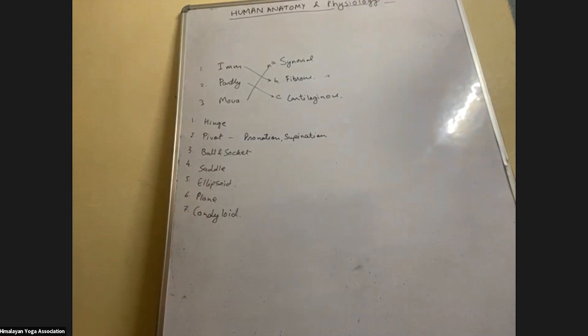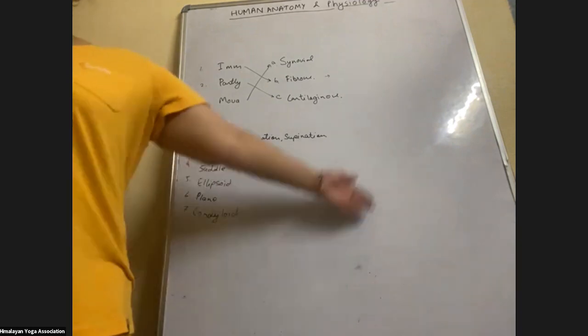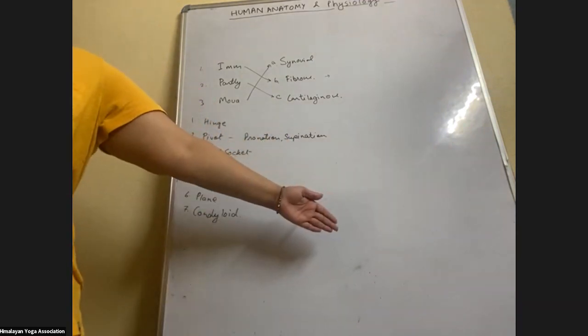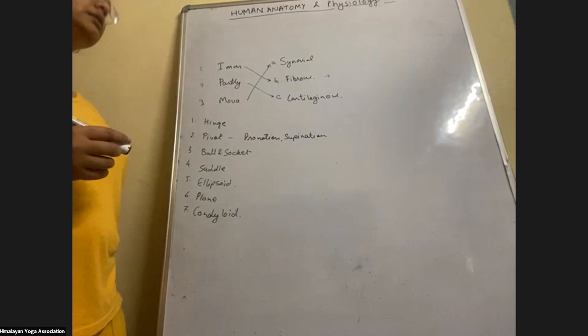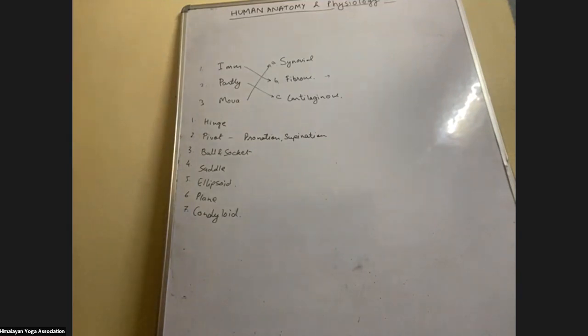So it can have flexion and extension. Then it can have abduction and adduction, which is very clear. Going out is abduction, going in is adduction. Then rotation, moving along an axis.